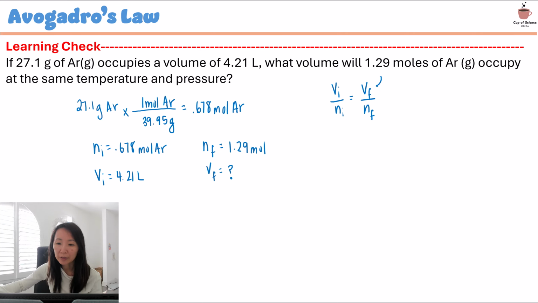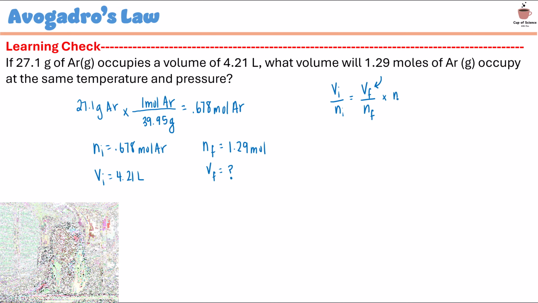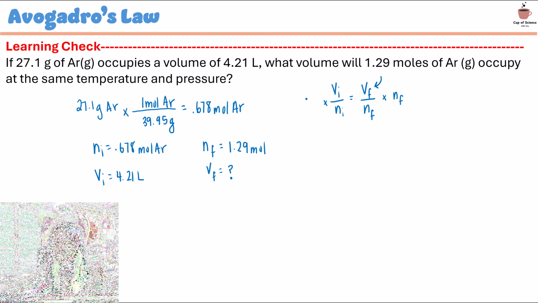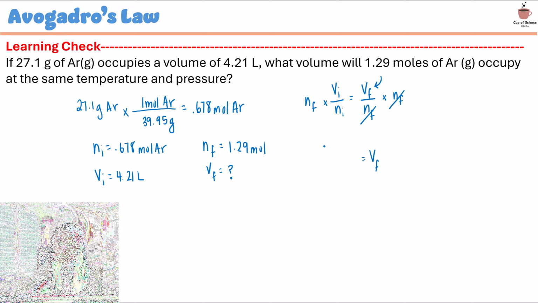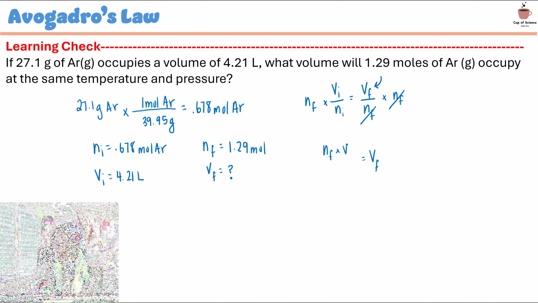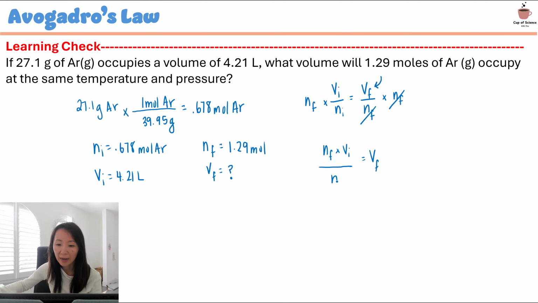I am looking for my volume, so I'm going to multiply both sides by Nf. That will cancel out the Nf, and my V final is equal to Nf times Vi all over Ni.